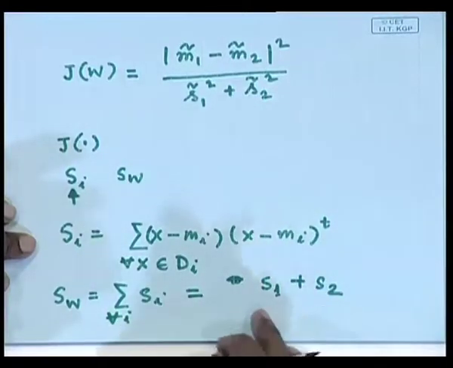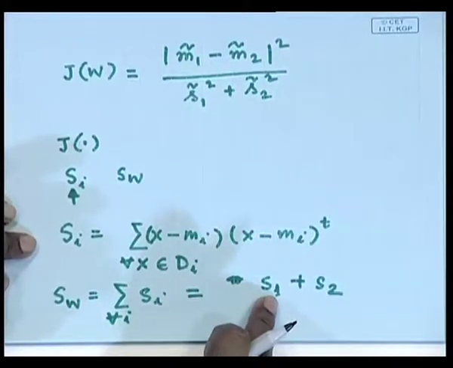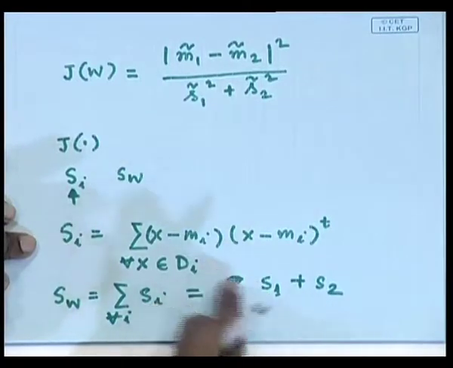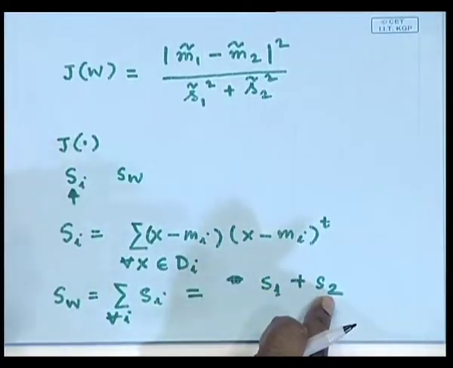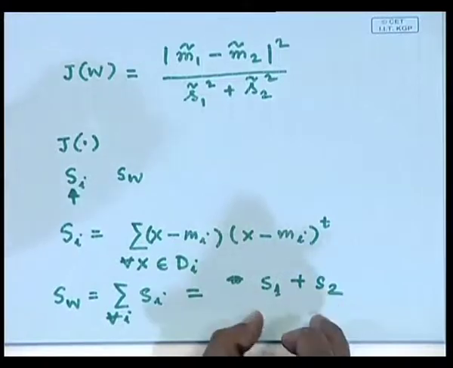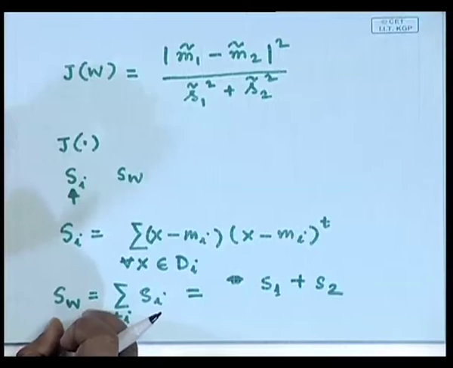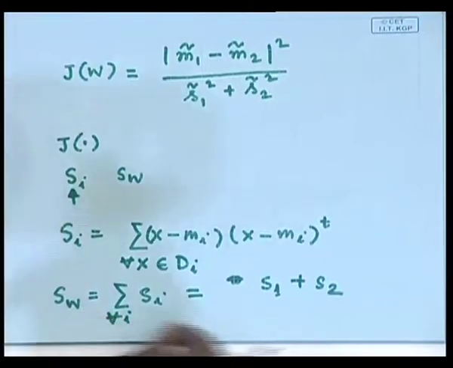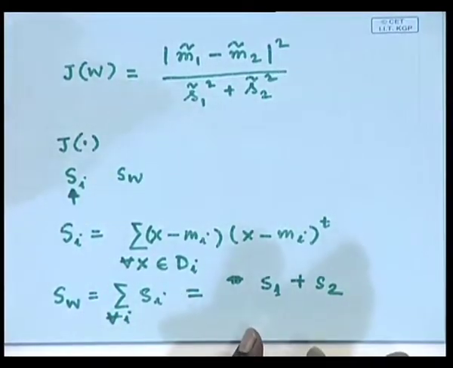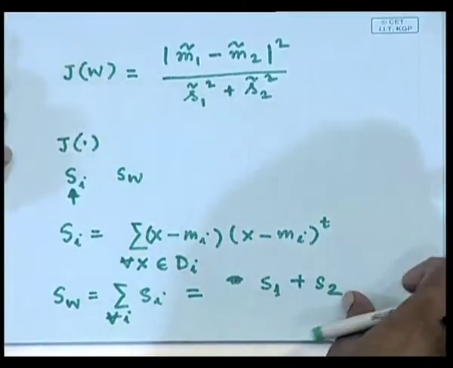Is that okay? S 1 is the scatter of the samples in set D 1, S 2 is the scatter of the samples in set D 2. If I take these two sums, that gives me total within class scatter, or simply it is called within class scatter. Okay.